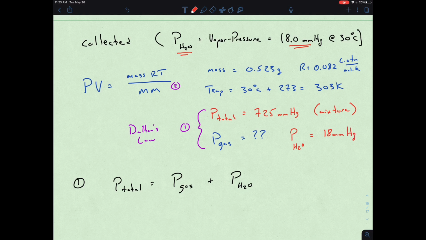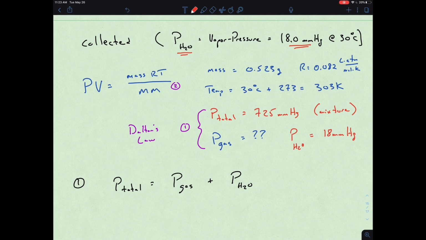Realize it also gives a temperature, and that's important. Realize that vapor pressure is temperature dependent. So as I raise temperature, my vapor pressure naturally increases. In order for us to relate these pressures to one another in terms of the experiment that we're doing, we would have to make sure that we're at the same temperature. So the temperature of the reaction is 30 degrees Celsius.